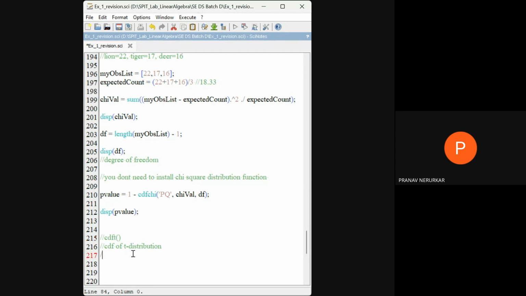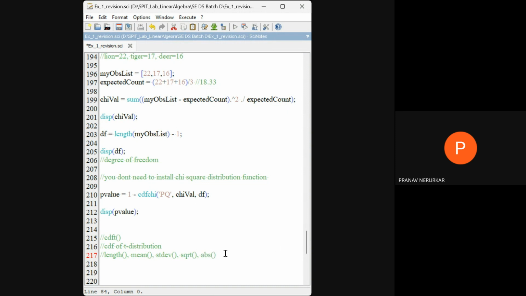length of array, mean, standard deviation, and square root, and absolute value.